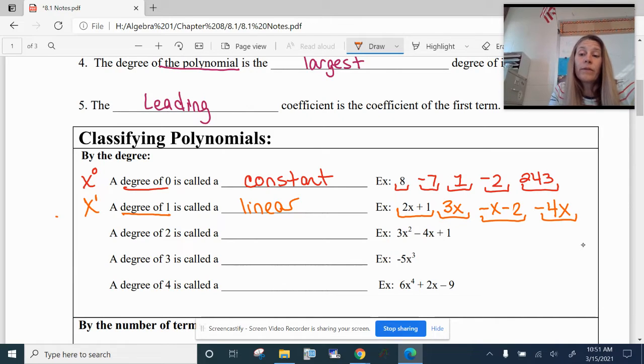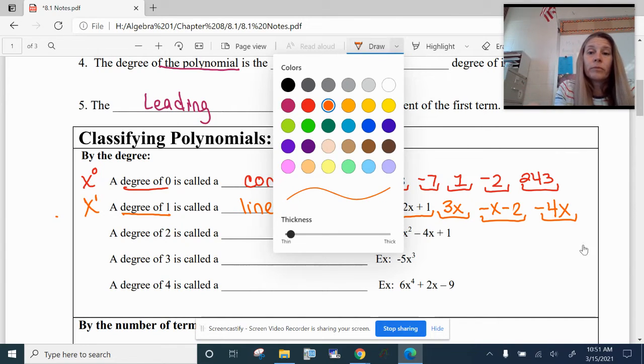All of these would be linear. They may or may not have a constant adding or subtracting after the linear term, but notice all of these have the largest x value as just a regular x with the exponent of 1, making it linear.